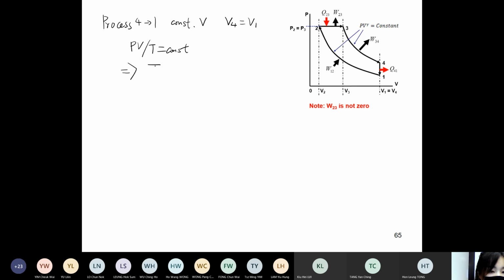That should be T4 equals T1 times P4 over P1. Okay, this is the T to P ratio.